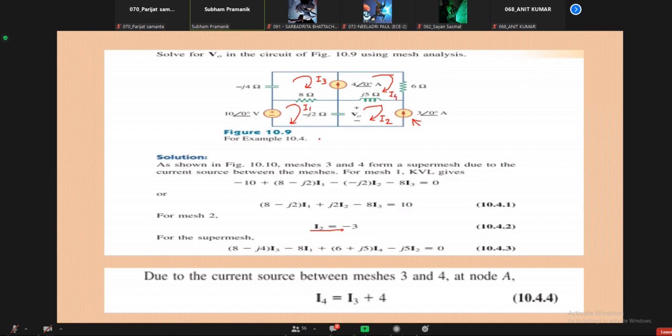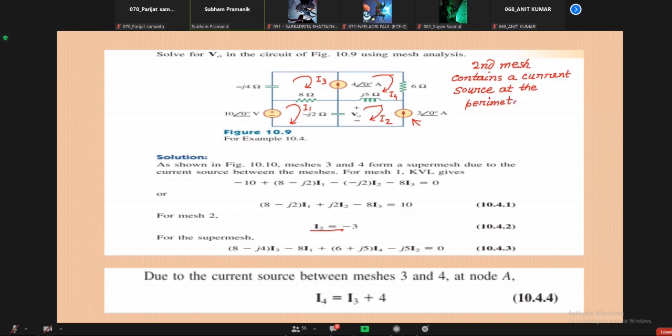Now check. The second mesh contains a current source at the perimeter. So that satisfies the condition of case 1.